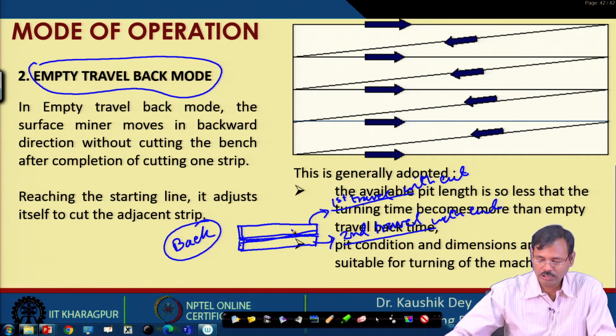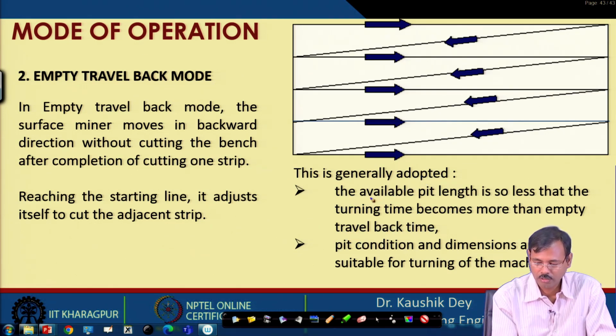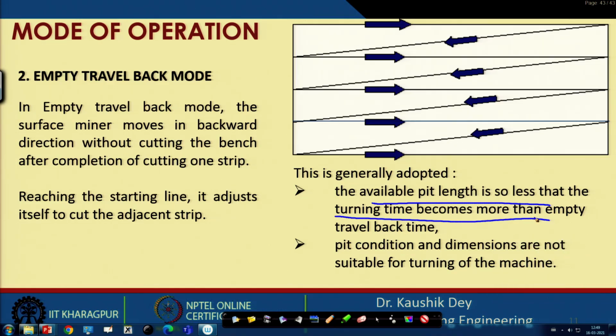system. So, this is in general adopted if the pit length is too short, so that the turning time becomes more than the empty travel back time, or the pit condition at this end or maybe at this end is such that the dimensions are not suitable for turning. It may be that in this place there is a very slushy condition, muds are there.